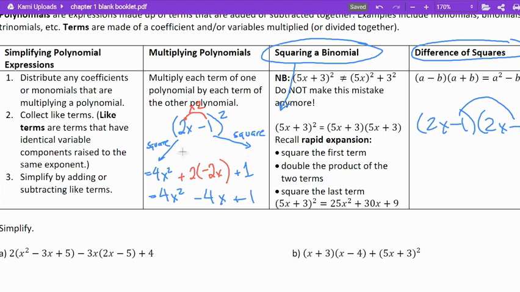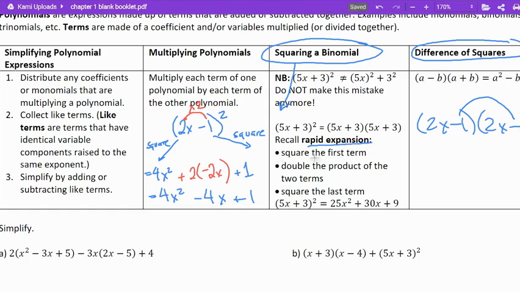If you practice squaring a binomial, you will expand it in one line. We will practice as we get through it. And also, please note, this is called rapid expansion.